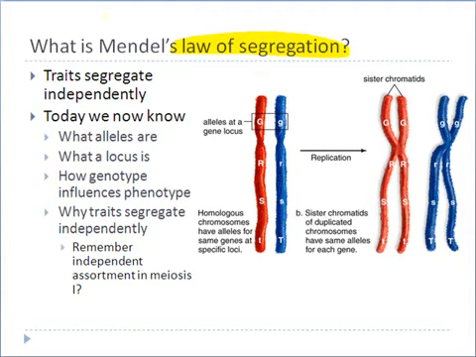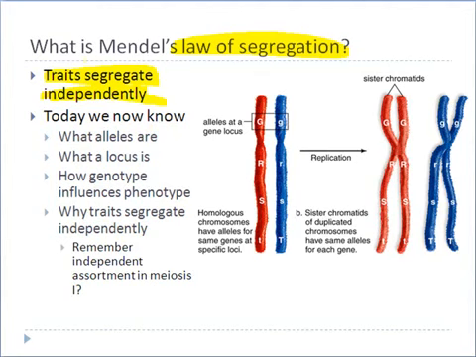What he found was the traits segregated independently, meaning that the tall and short traits were passed along to the offspring independent of the traits for having green or yellow seeds.